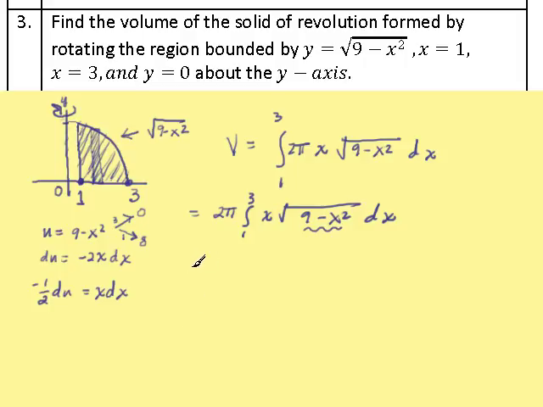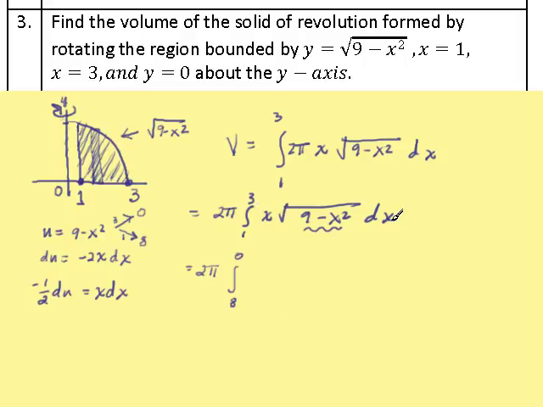All right, so now we're ready to switch over. So here we have 2 pi. The integral is from 0 to 8. Don't worry about the fact that the smallest value is on top and the larger one on bottom. We're not used to that, but that's okay. Just put it in the same order as these. You see x equals 3 corresponds to u equals 0, so we keep that one on top.